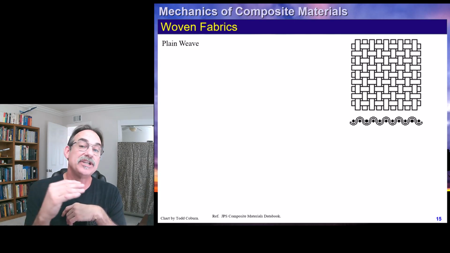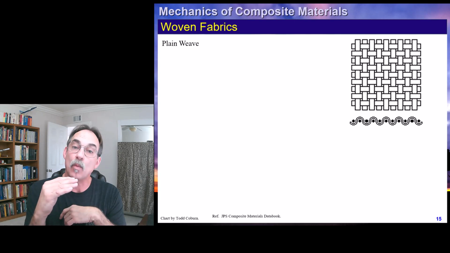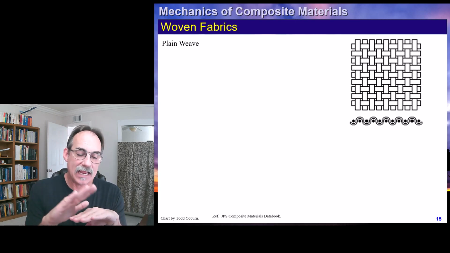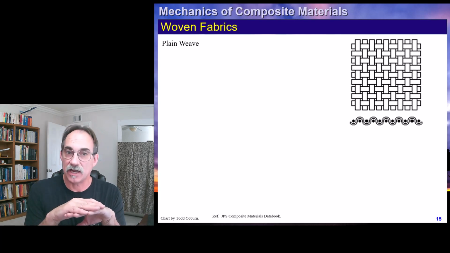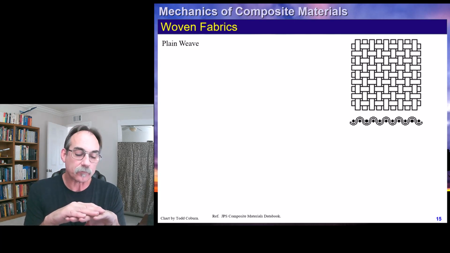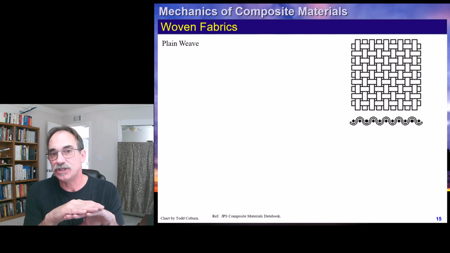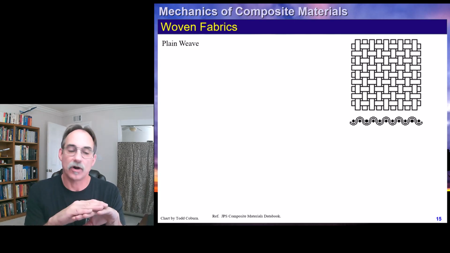That's going to give you a really strong, stiff material in one direction, but the other direction is going to be weak and less stiff because it's going to be relying on the matrix for those properties. If we lay the plies on top of each other, then we have potential to get better properties in both perpendicular directions. The problem is these fibers will tend to split apart under loading.